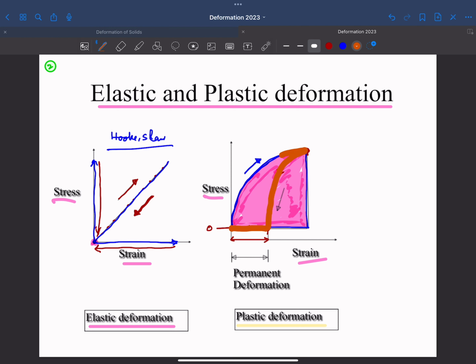So this part of the curve is giving us the energy which is absorbed in the system, absorbed in the spring. The other part, this part, we have recovered.